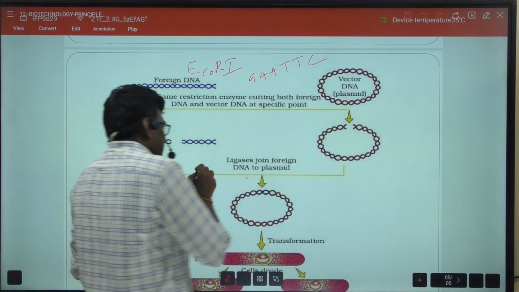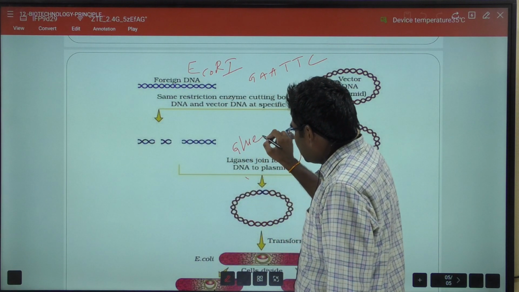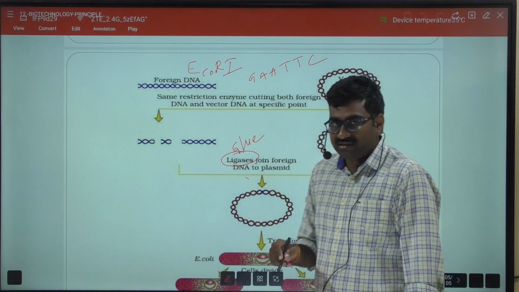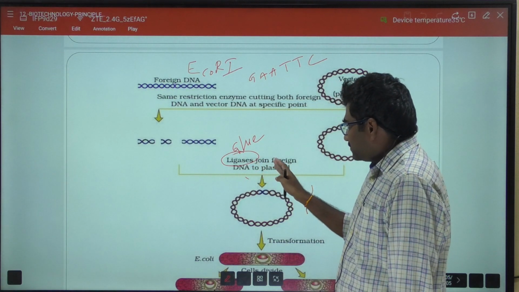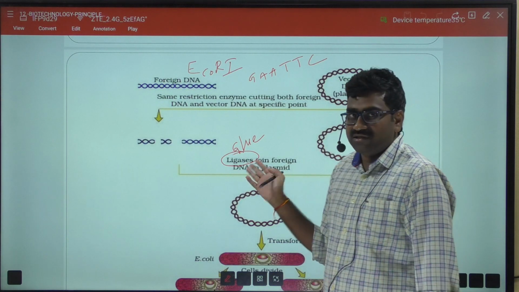And here another enzyme, the glue enzyme, the molecular glue, usually called DNA ligase. This DNA ligase joins the foreign DNA to the plasmid, which is nothing but the vector or cloning vehicle.